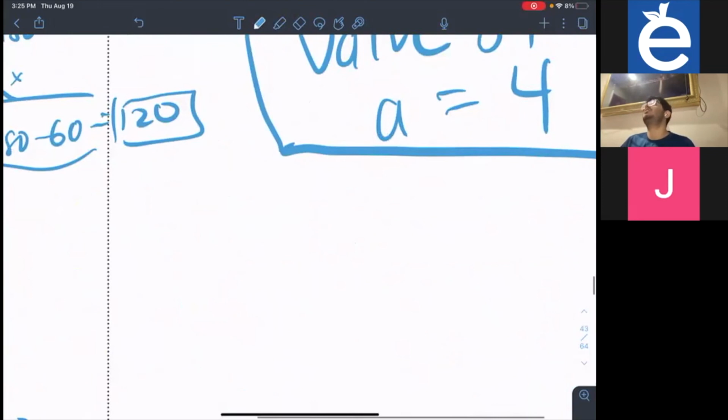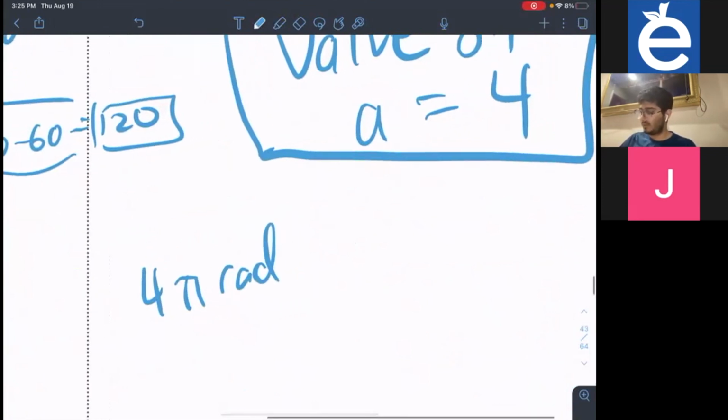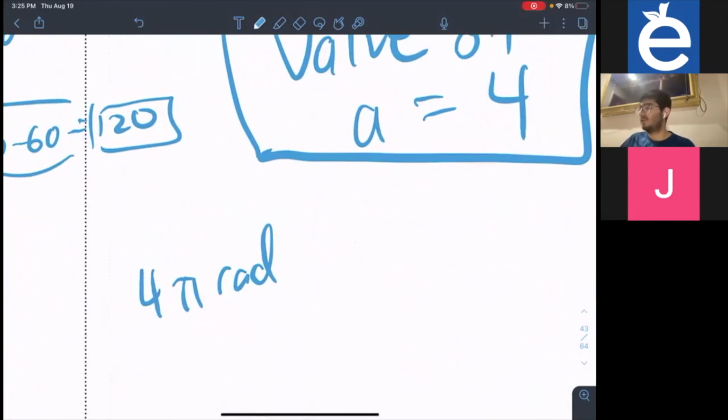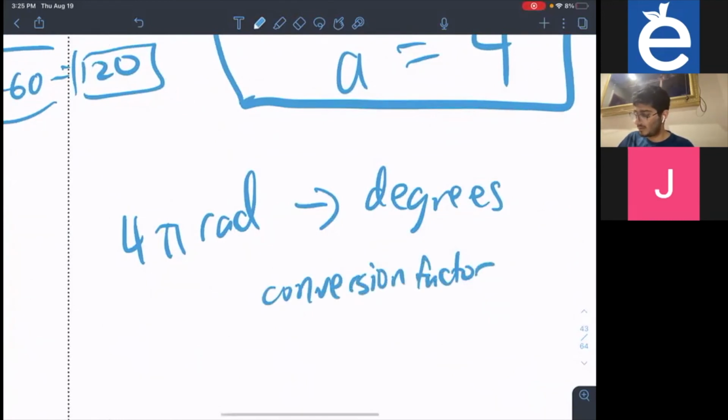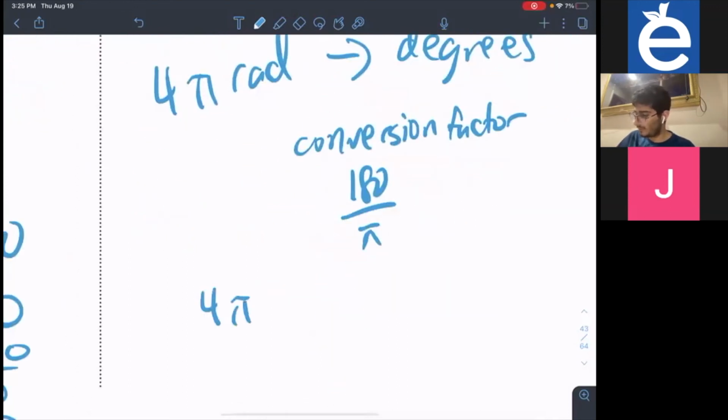Now let's say they told you it was 4 pi radians, and then they asked you to convert from radians to degrees. Then the conversion factor would be 180 over pi, because then you would do 4 pi, which is in radians, times 180 over pi.